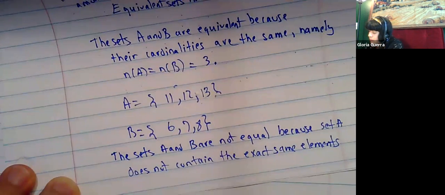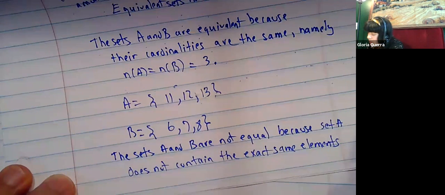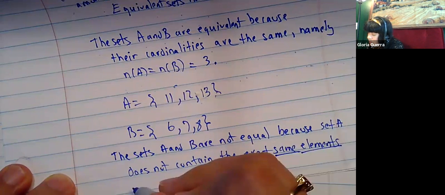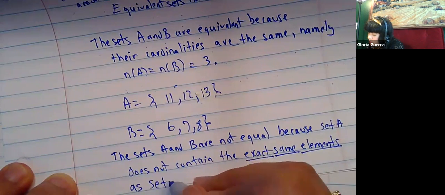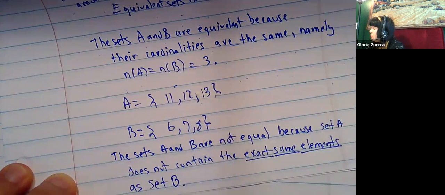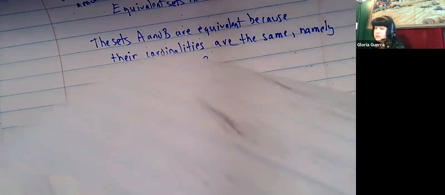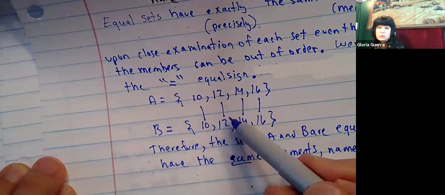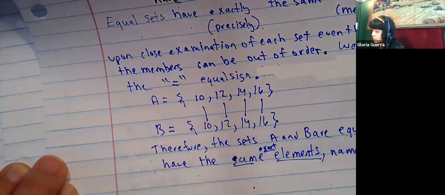So the sets A and B are not equal because set A does not contain the same exact same elements as set B. And you can see I'm not able to draw a line and connect them, like I was able to do for the previous one. See how I stacked them? See how I matched them? Can't do that here.